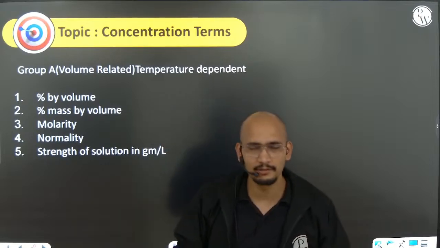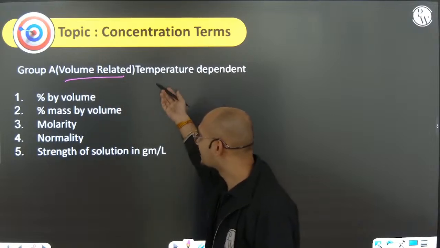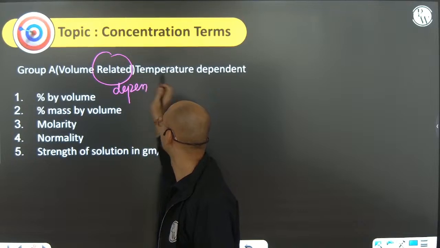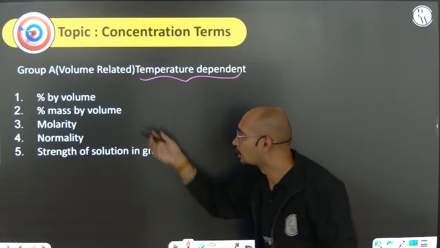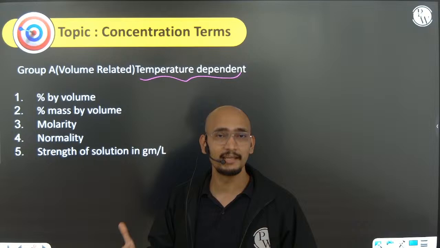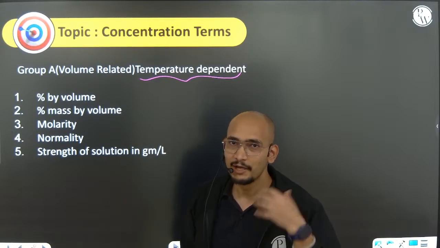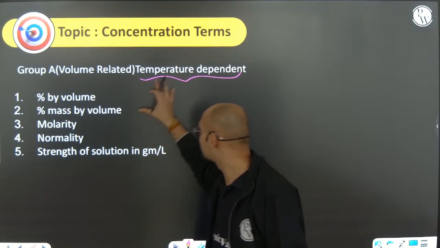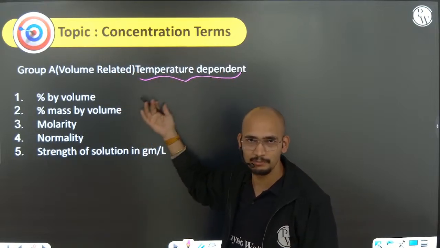There are 2 types, type A and type B. Type A is volume related, which means temperature dependent, because volume and temperature are related: if you increase the temperature, generally the volume increases, and if you decrease it, the volume decreases. So wherever a volume term is available in the concentration term, it will be temperature dependent.